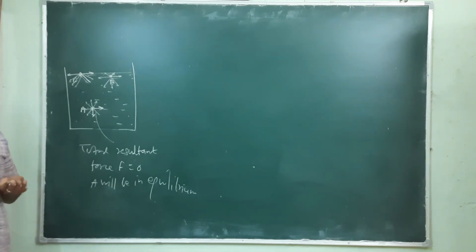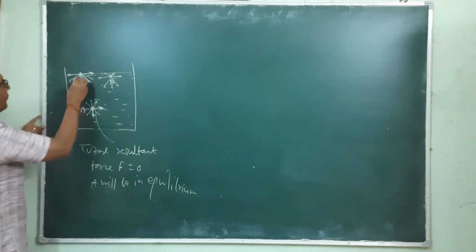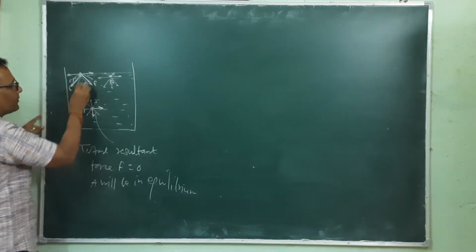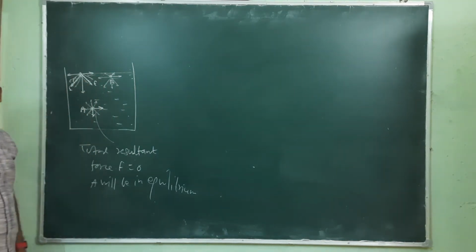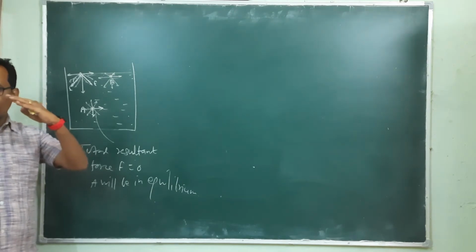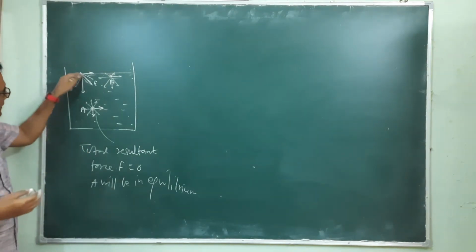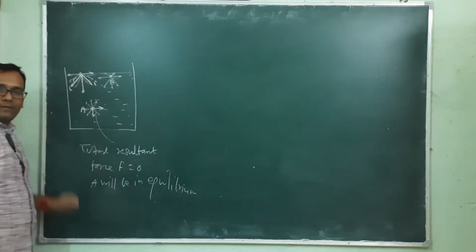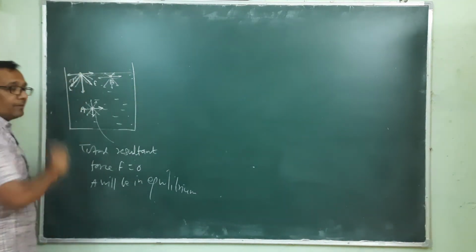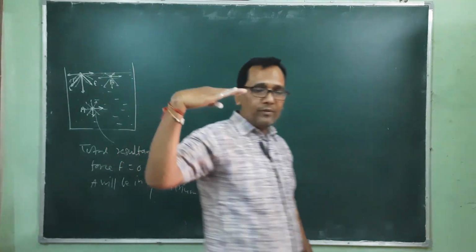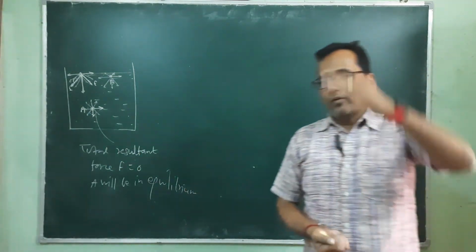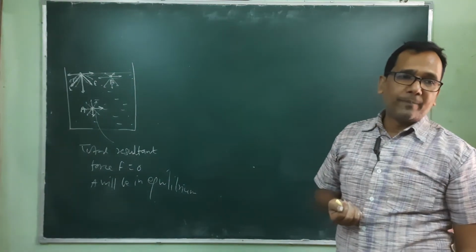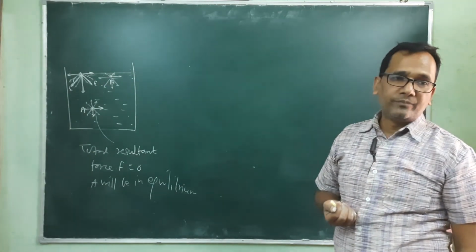These are not in equilibrium. So let's say one force is applying this way and another force is applying this way. We have that vector part of force, so the resultant force will be along this. Ultimately, on this molecule on the surface of the liquid, a resultant force will be applied inward.